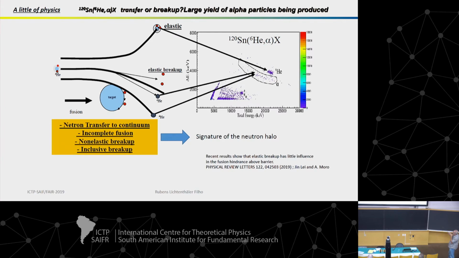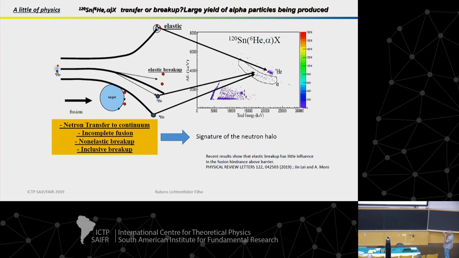So there is no excitation of the target. However, you can imagine a different process producing alpha particles. You can imagine that the helium-6 comes and transfers 1 or 2 neutrons to the target, and you still have this alpha particle, which goes to the detector. So these events also come from this kind of process, which we call transfer.